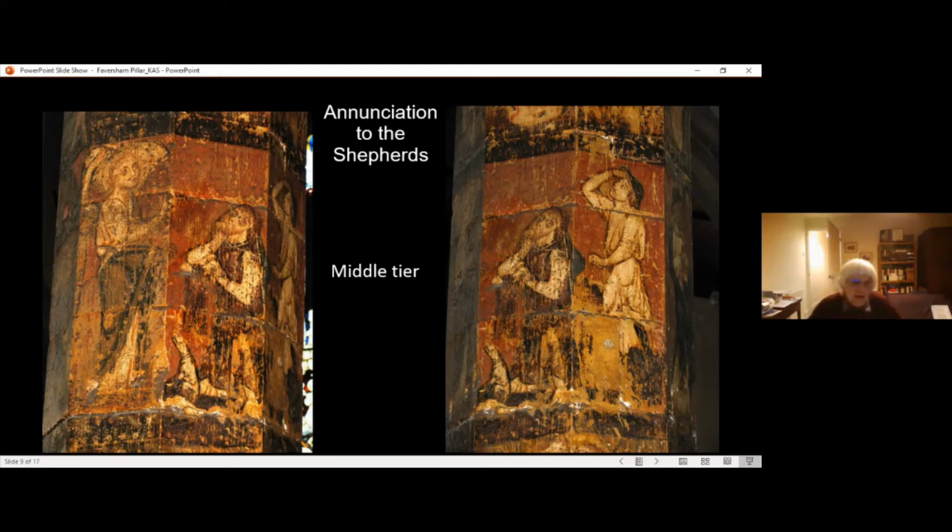So if we're thinking about that idea of moving conventionally towards the right, here we've got the shepherds looking up and to the left. So I think from that point of view, you need to think about the shepherds and where they're looking.